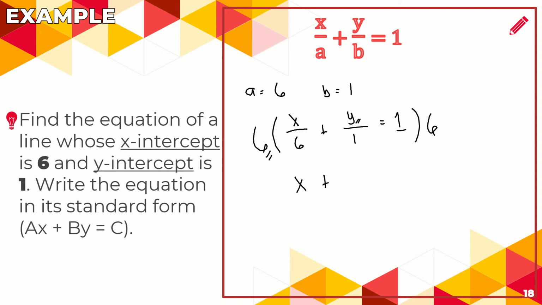If 1 is multiplied by 6, the answer is 6. Is it already in the standard form, Ax plus By equals C? Correct. Therefore, this will be our final answer.